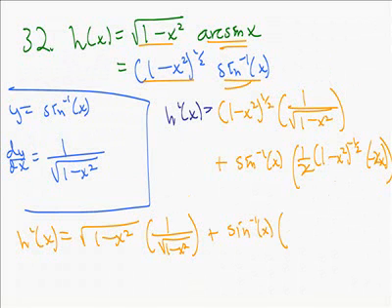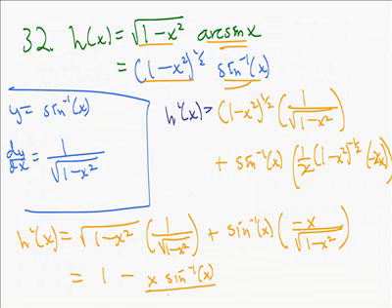It's going to drop to the denominator, so it'll be a negative x over the square root of 1 minus x squared. So this is equal to 1 here, square root of 1 minus x squared times 1 over square root of 1 minus x squared. So we get 1 minus x times the inverse sine of x, all divided by the square root of 1 minus x squared. And there is h prime of x. Gets a little messy, but just stick with your rules and you'll be fine.